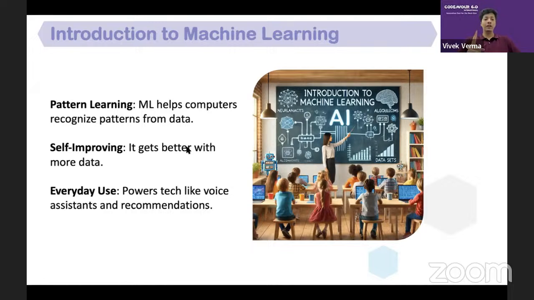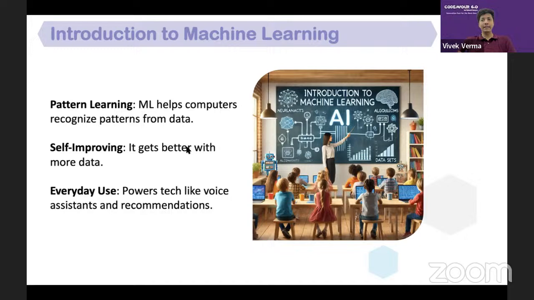So if the first time when I was learning mathematics, I said 2 plus 2 is 3, after learning that 2 plus 2 is 4, I will never say 2 plus 2 is 3 because I have learned from my mistake. Same way, machine learning is going to self-improve because it's going to learn from the experience, learn from the mistakes. So that is what it can do.